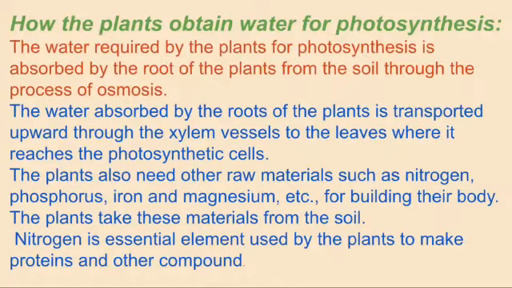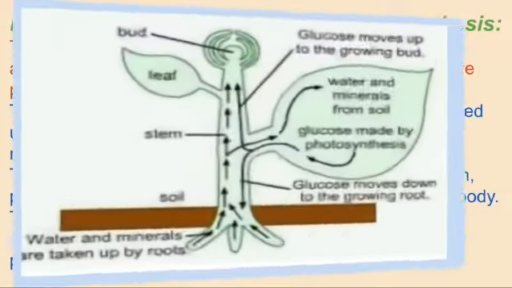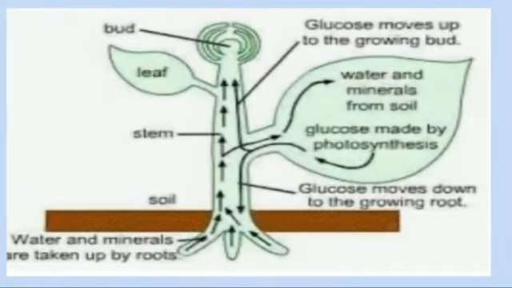So for growth, it is necessary to take a good amount of nitrogen. Without nitrogen, plants cannot grow well. So that's why this is very important. Here you can see the transportation, how the root transports water and minerals to the leaves via stem and branches.